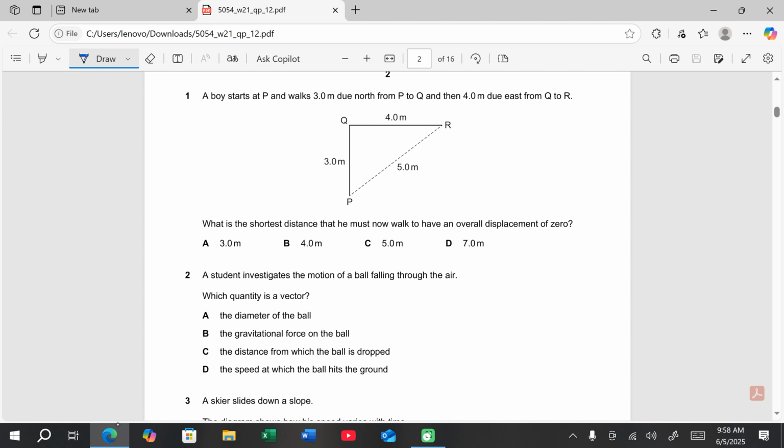Because of these two distances, 3 and 4, there is a displacement which is 5, because displacement is the shortest distance between 2 points. So if somebody is walking from P to Q and then Q to R, P to R is a direct distance and this is 90 degree. When you apply Pythagoras you're going to get 5. So he has to travel back 5 meters to achieve the displacement 0. So it should be 5.